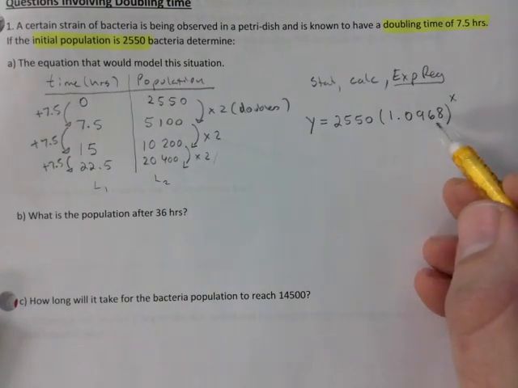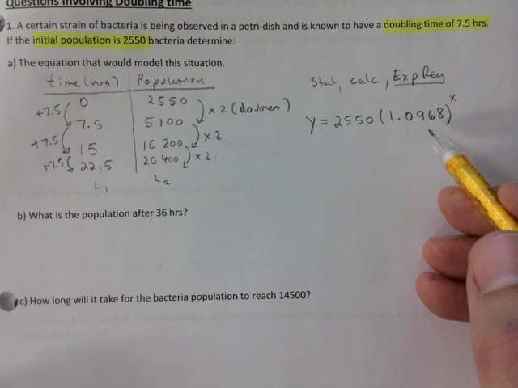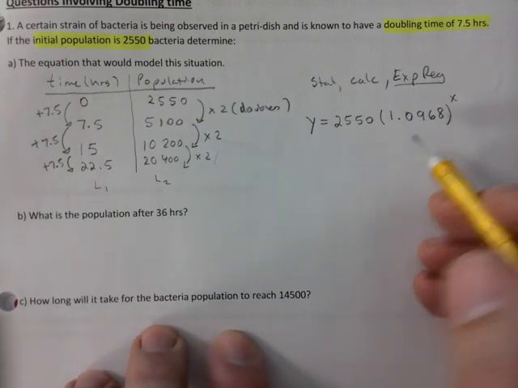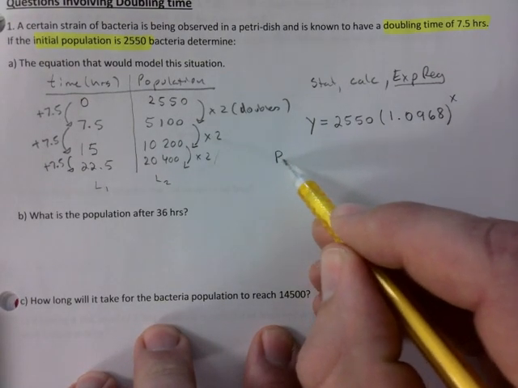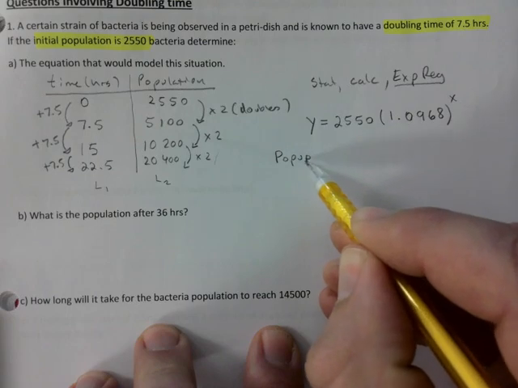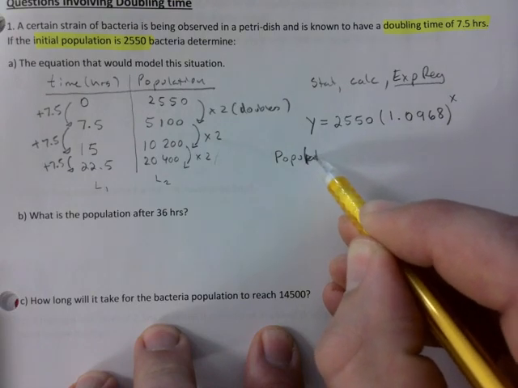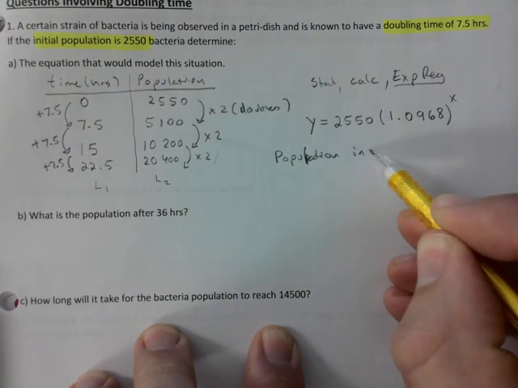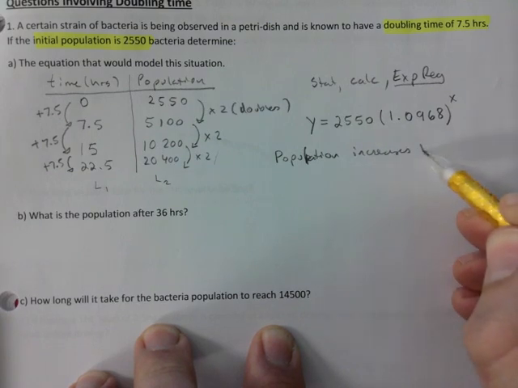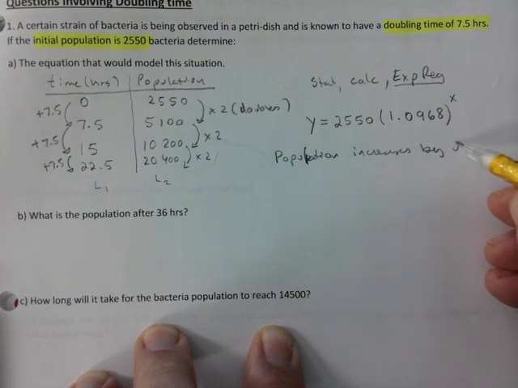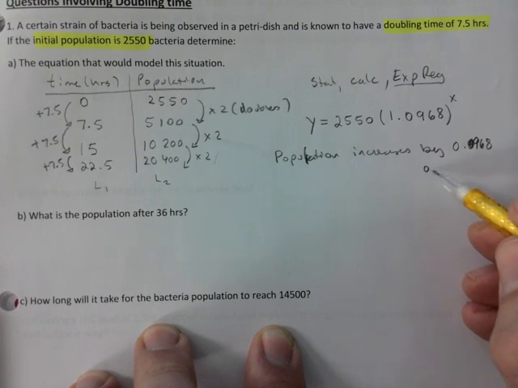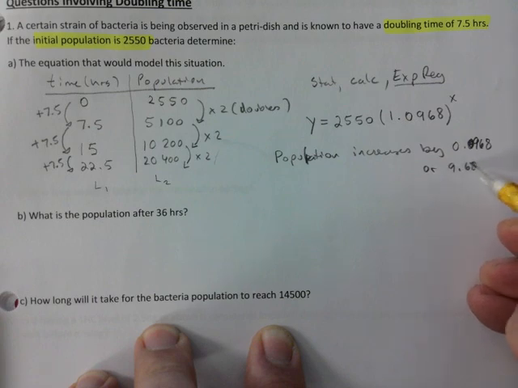I noticed that it's increasing. Does it ask for the, it doesn't. So the population increases by 0.0968, or 9.68%, per what?